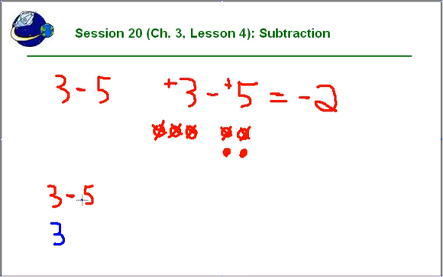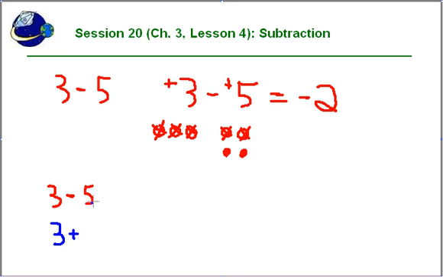The way you rewrite a subtraction problem as an equivalent addition problem is you take the number to the left of the subtraction symbol and you leave it alone. So I'm going to keep that as a 3. Then you change your subtraction symbol to a plus. Then the final thing you do is you take this number here and you change it to its opposite.